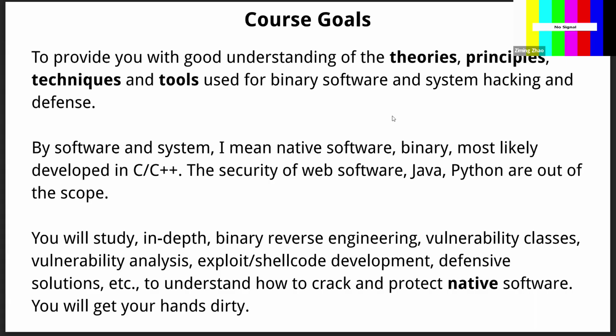We mainly use x86, like I said, the 32-bit version and the 64-bit version. We use both because the hacking on them is actually quite different. There are some examples where they are much different. So you will study binary reverse engineering in depth. You are going to use some simple tools that come with the operating system like objdump, and you can also use some more advanced tools like the NSA's open source tool called Ghidra.